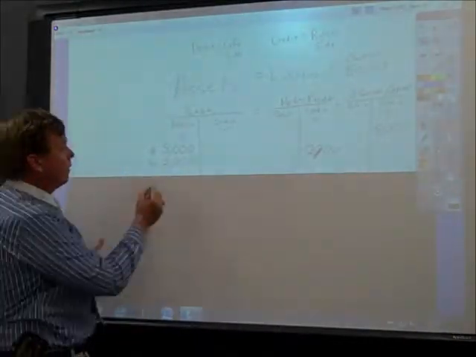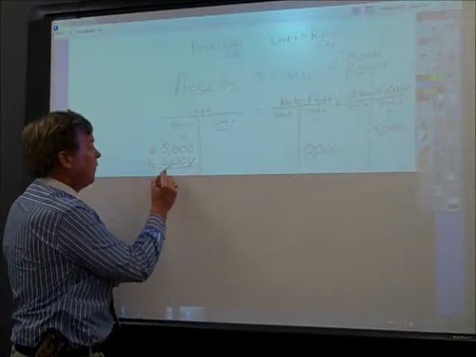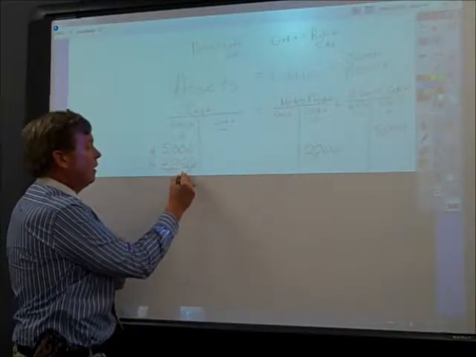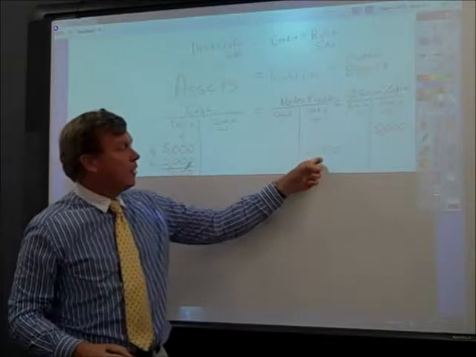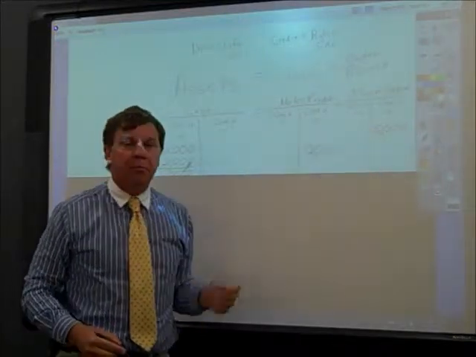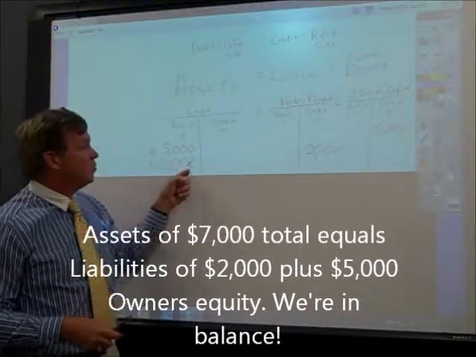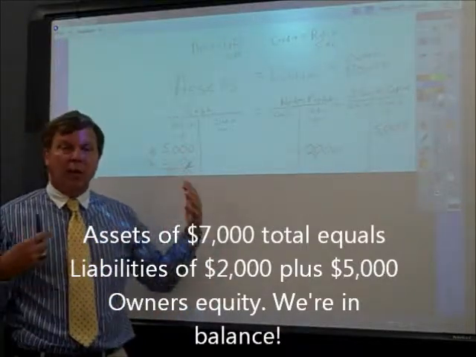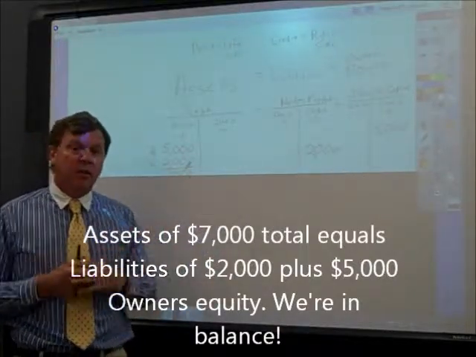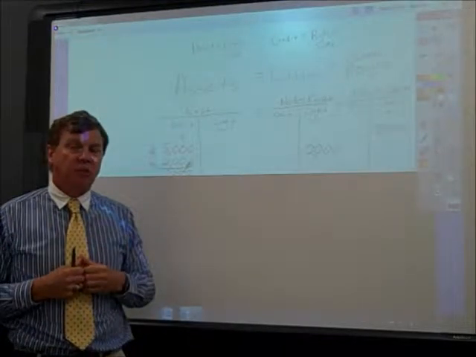So now, on our asset side, we would have 7,000 of assets, liabilities of 2,000, capital of 5,000. Our accounting equation is in balance. For each of these transactions, we had a debit and an offsetting credit, so each of our transactions is in balance.